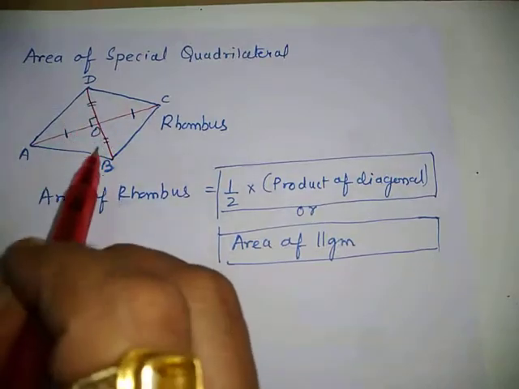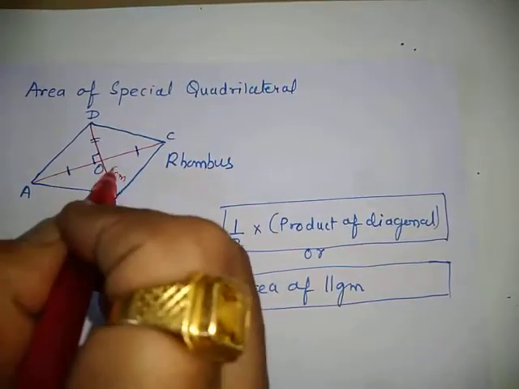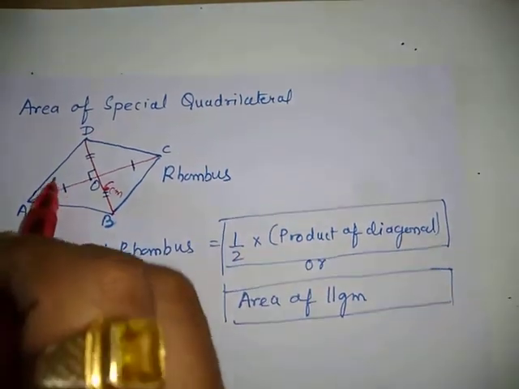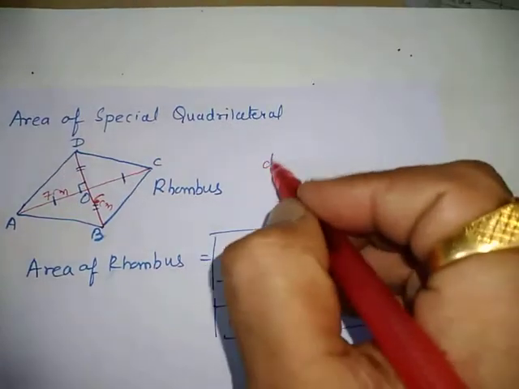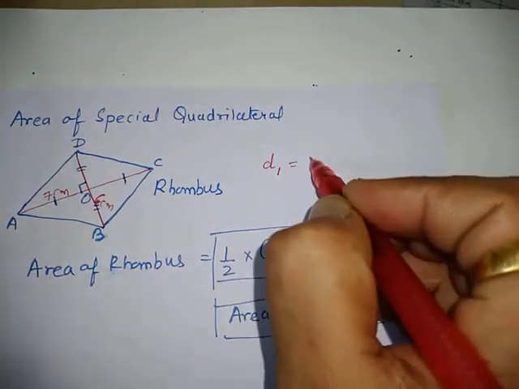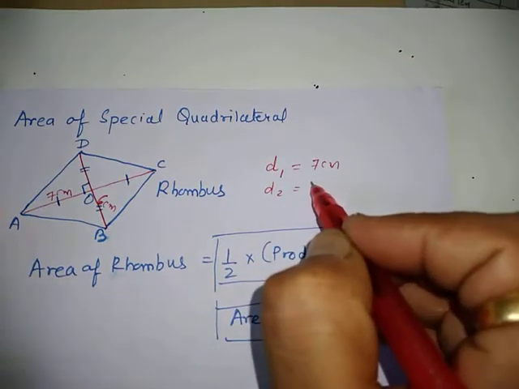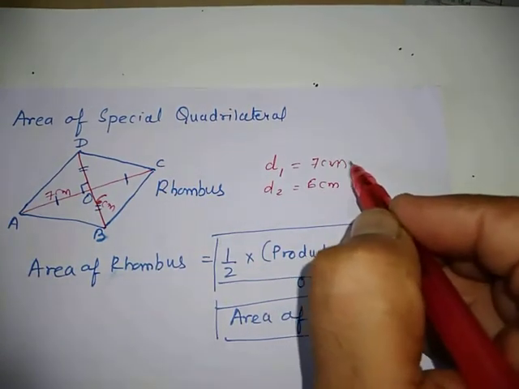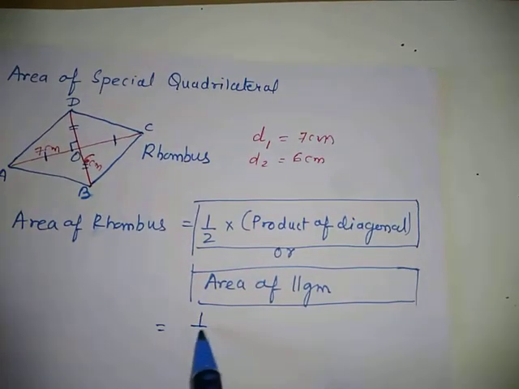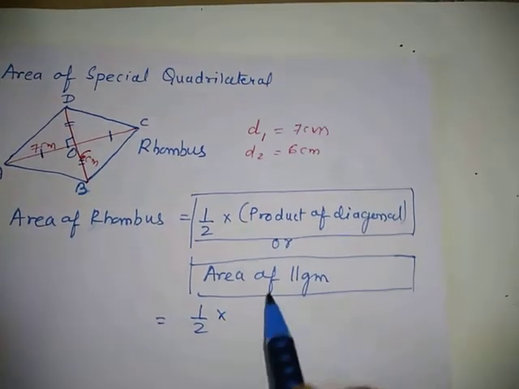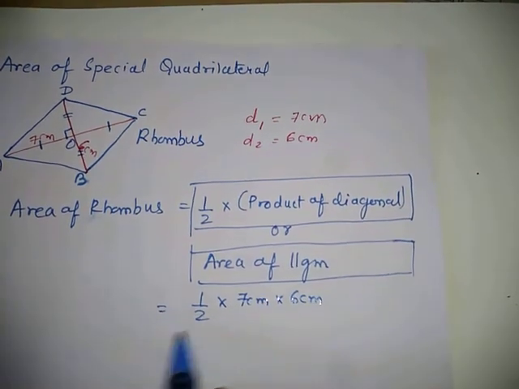For the product of diagonals we have to take measurements. We take one diagonal measurement as 6 centimeter and the other diagonal as 7 centimeter, that is D1 is equal to 7 centimeter and D2 is equal to 6 centimeter. So half multiplied by 7 centimeter multiplied by 6 centimeter.